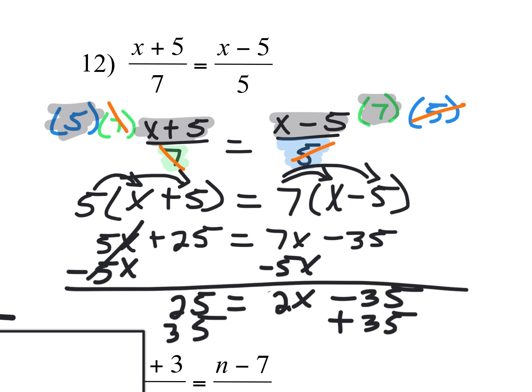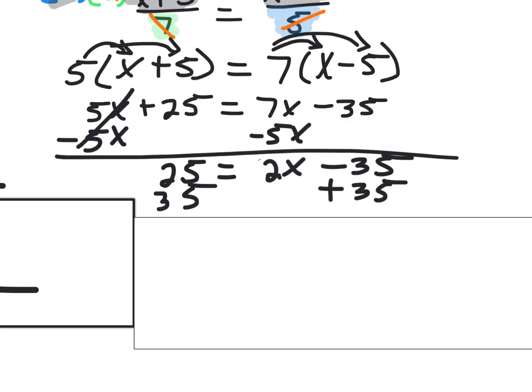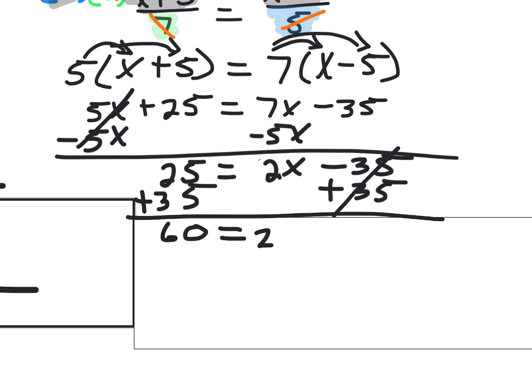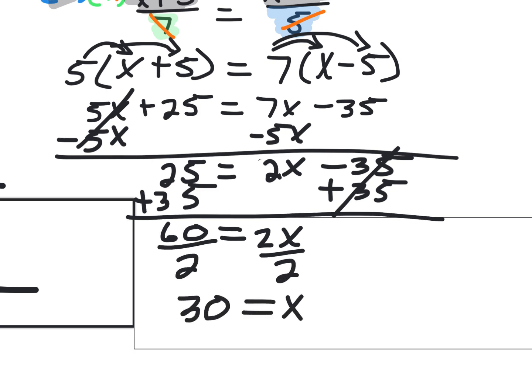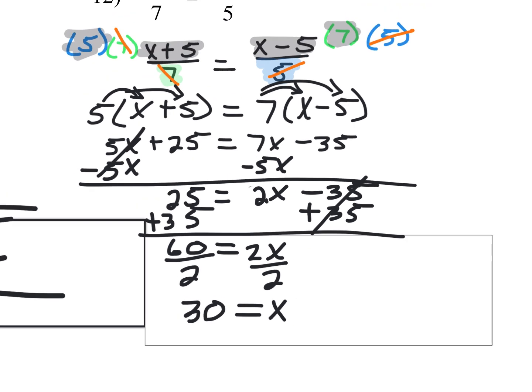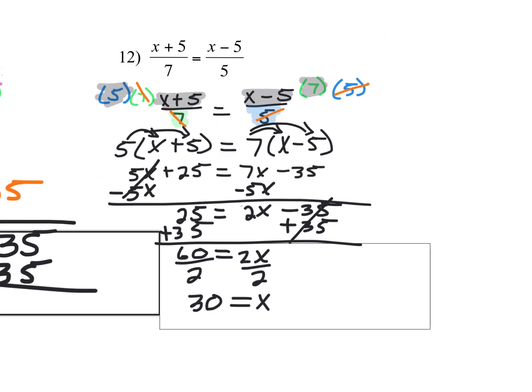First, I'm going to add 35 to both sides. That's going to leave me with 60. Those cancel. I'm going to bring down that 2x and divide both sides by 2. 30 is equal to x. So your solution for number 12 is going to be 30.